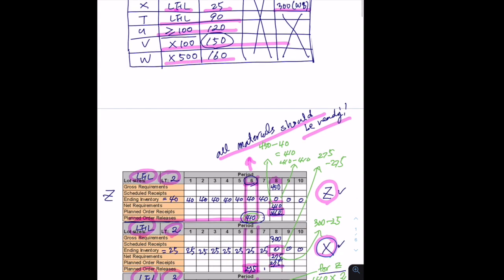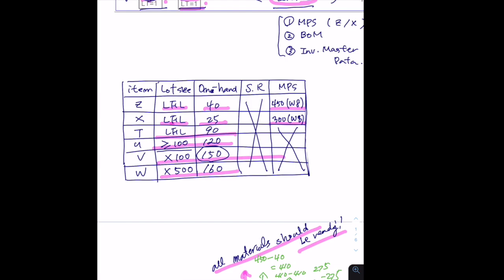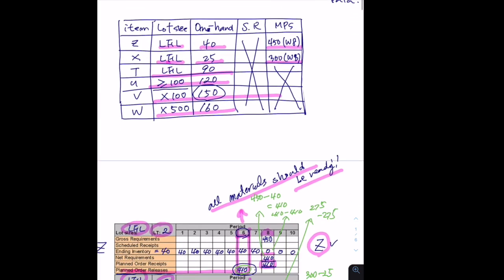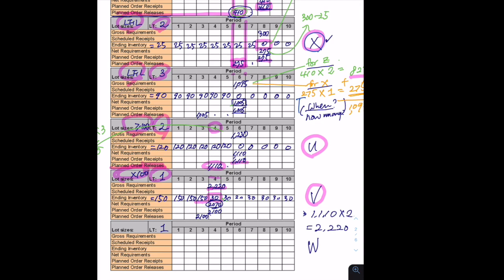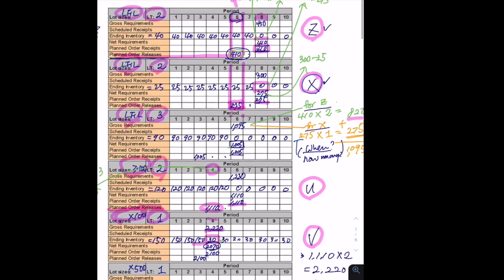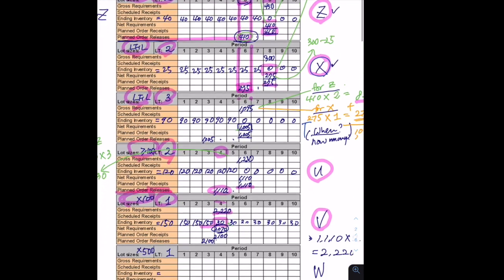Now, the other information is 500 is the lot size and 160 on hand. So let's start with filling in this information. Lead time 1, lead time 1. Lot size, multiples of 500. And the ending inventory, currently how many do we have? 160 we have.